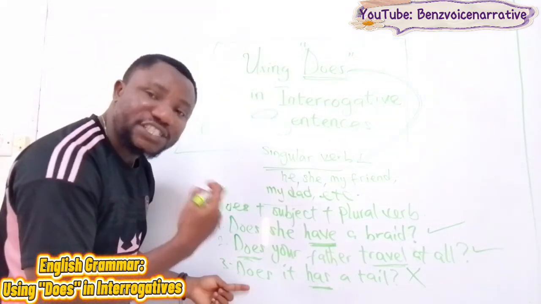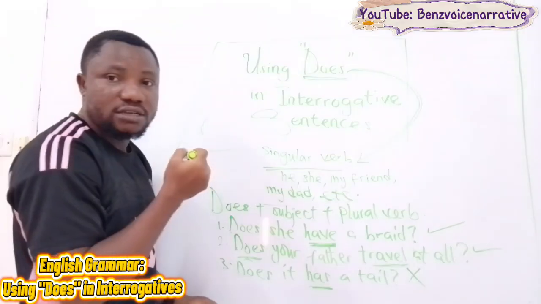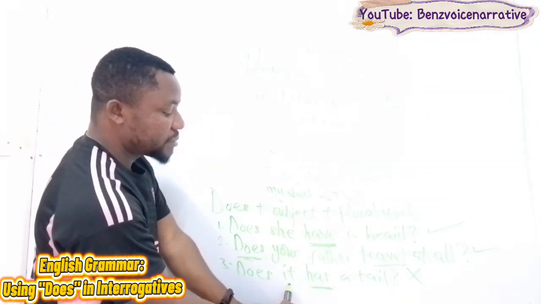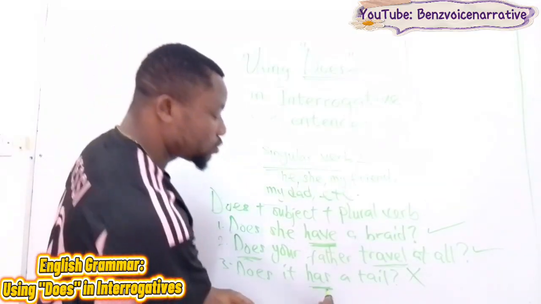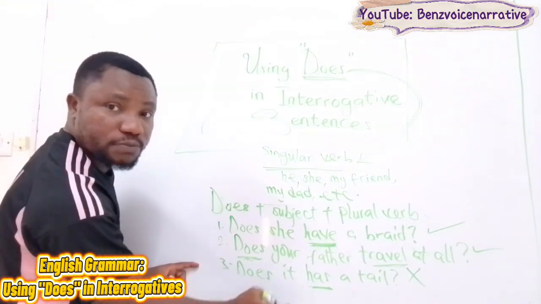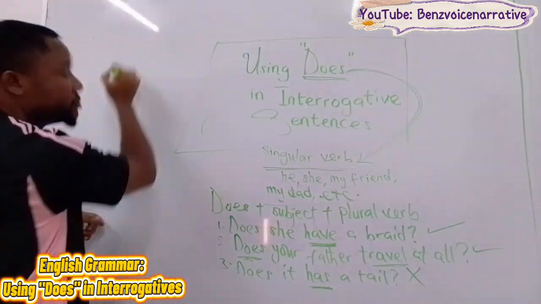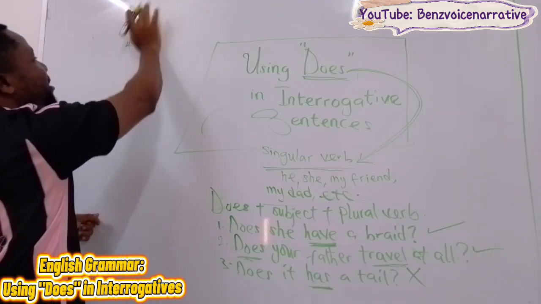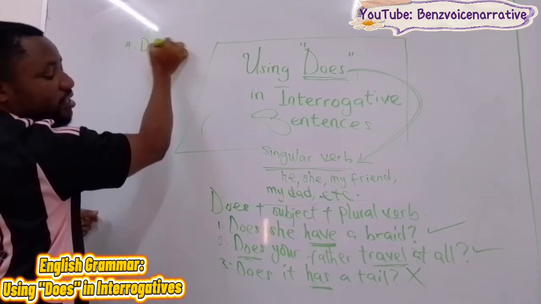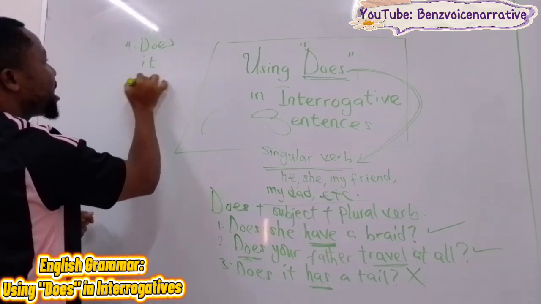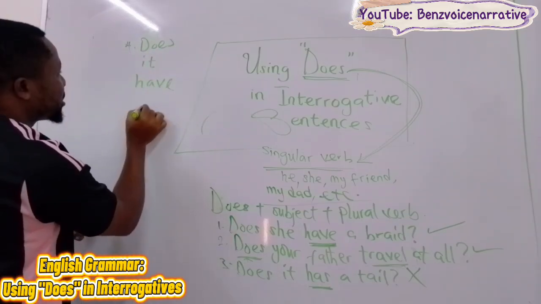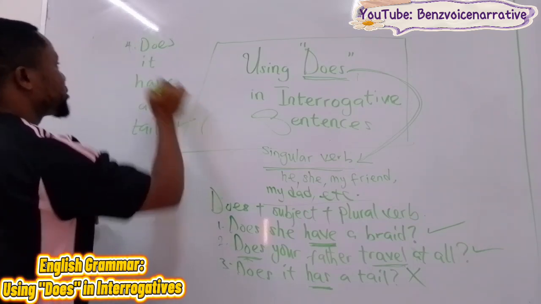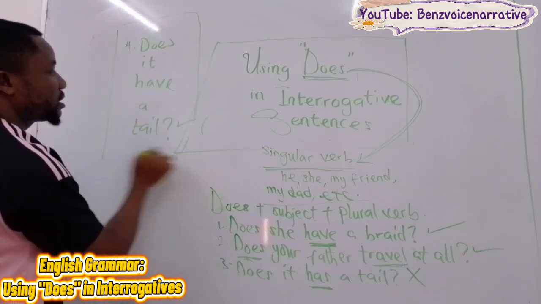But when you ask a question with does, or you begin any question with a pro form of the verb, the next verb after this subject has to be a plural verb. So that's why this expression is wrong. The right form should be number 4, does it have a tail? This is the right expression. Correct.